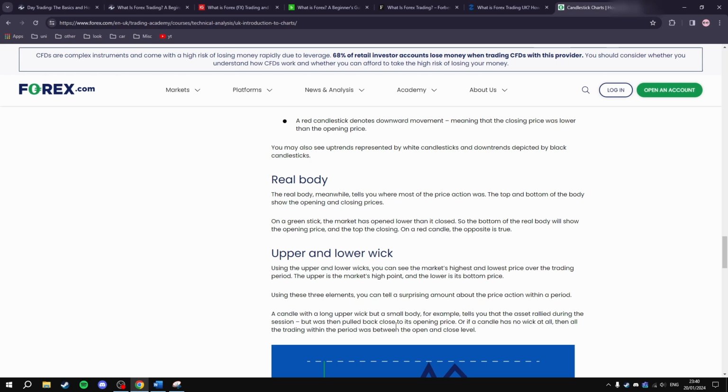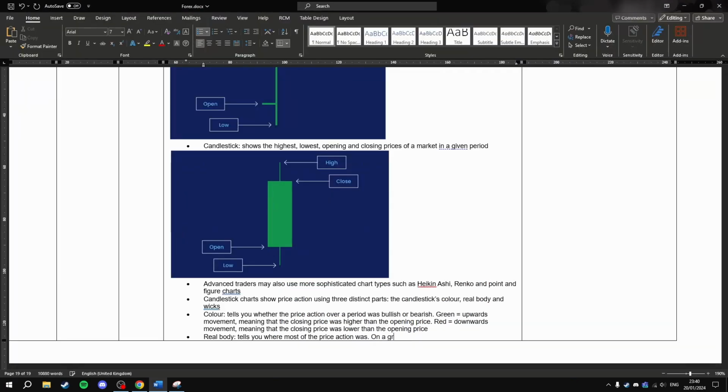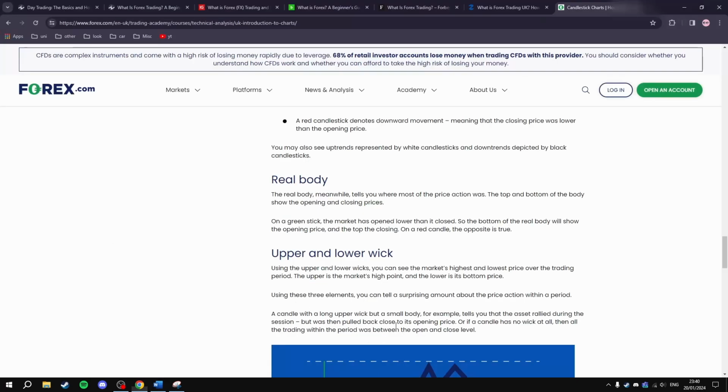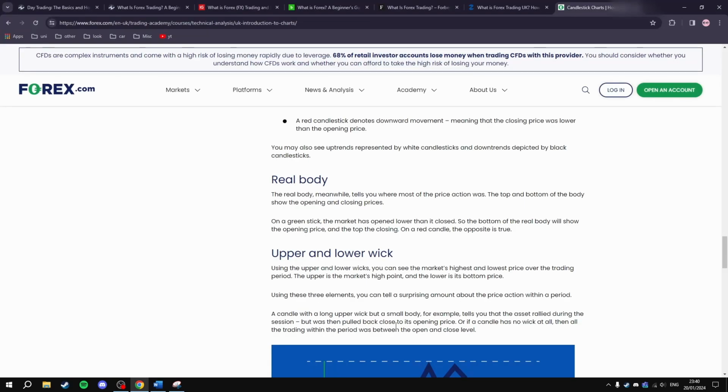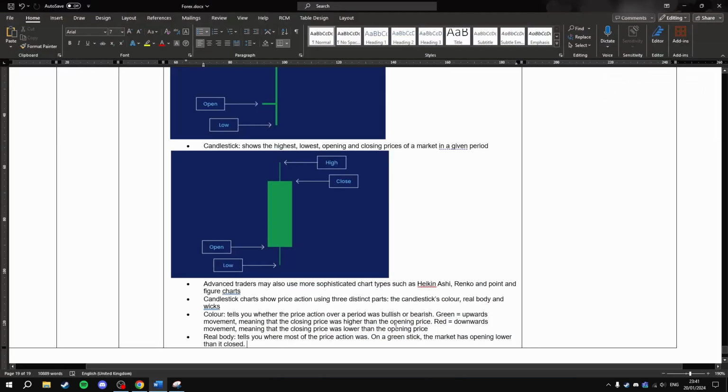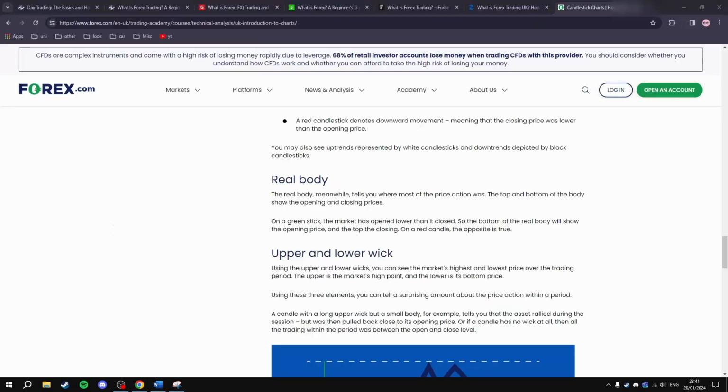On a green stick, the market has opened lower than it closed. So the bottom of the real body will show the opening price and the top the closing. Because green means upwards movement, meaning the closing price is higher than the opening price.